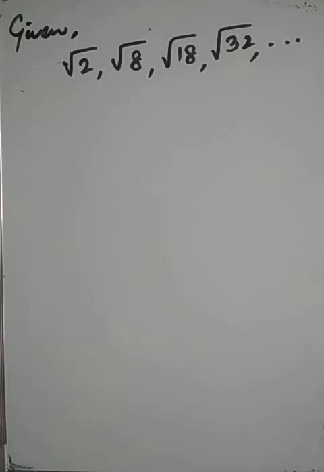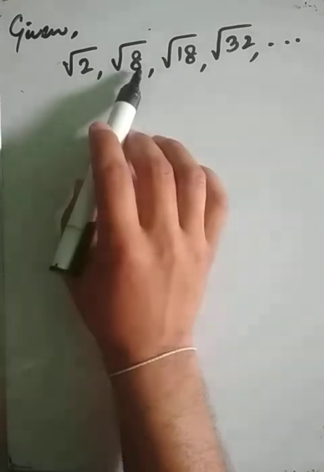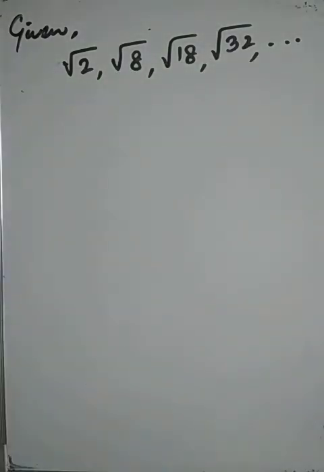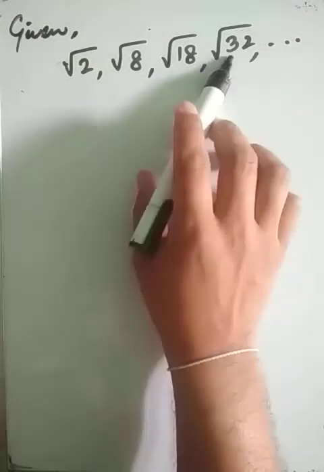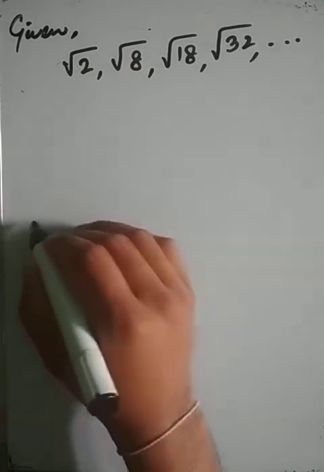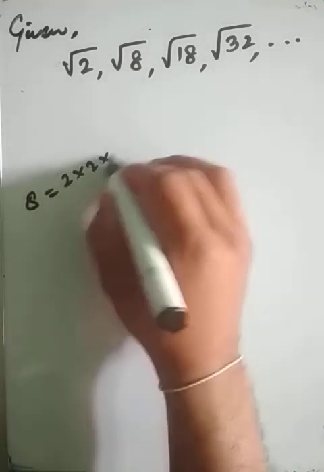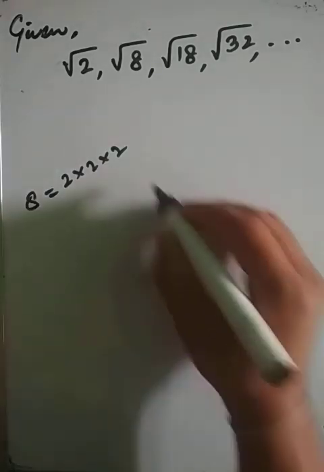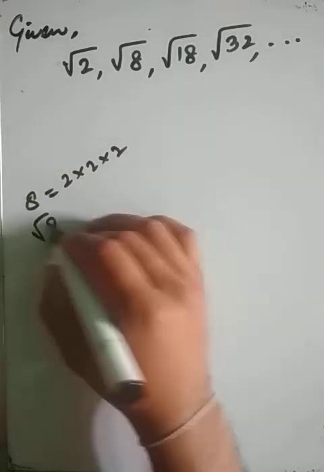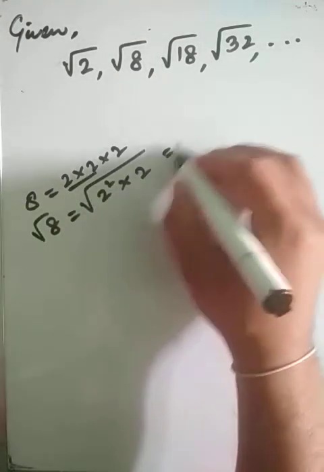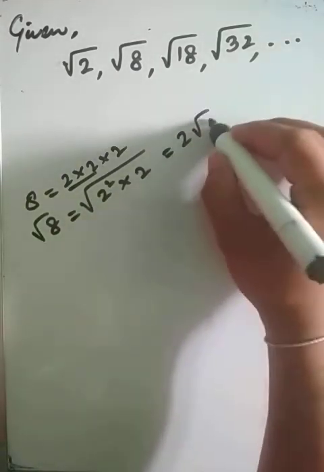Okay, here is the question. So we have root over 2, root over 8, root over 18, and root over 32. So first let us find the factorization of 8, 18, and 32. So I'll show you here. 8 will be 2 into 2 into 2. So the value of root over 8 will be 2 square into 2, so we are getting 2 root over 2.